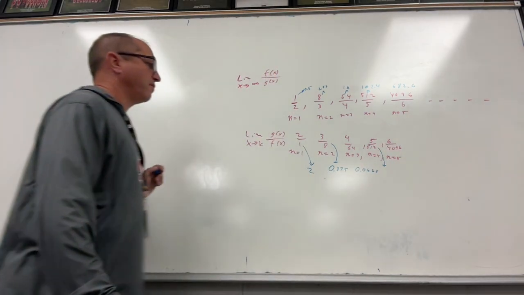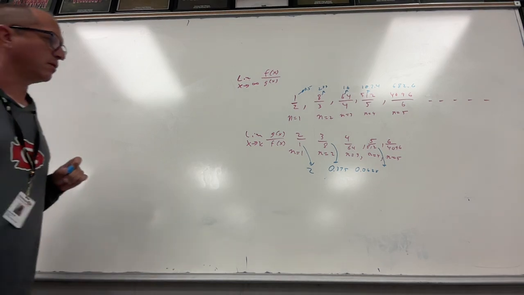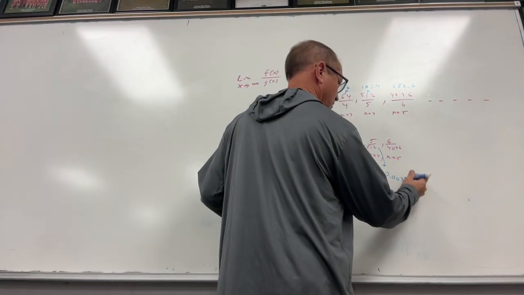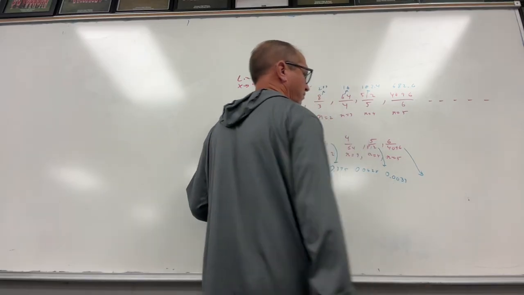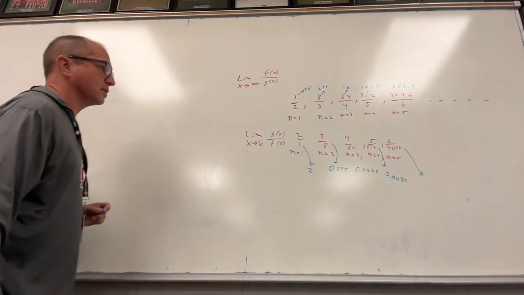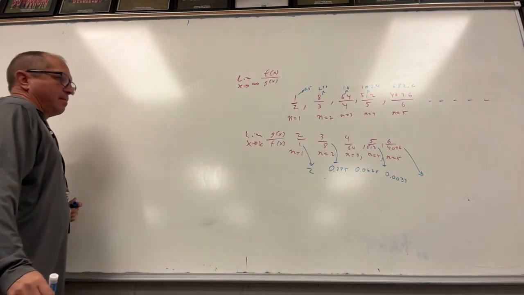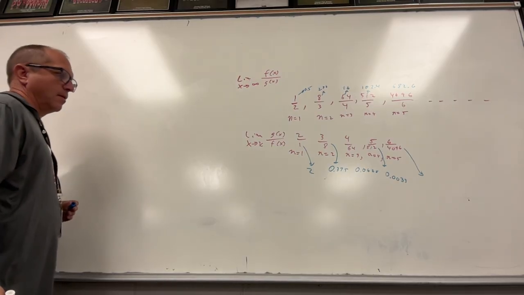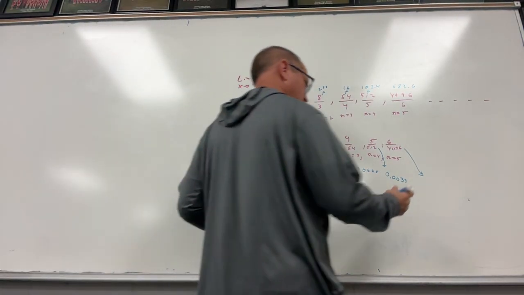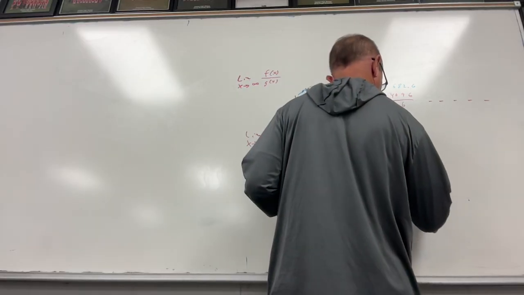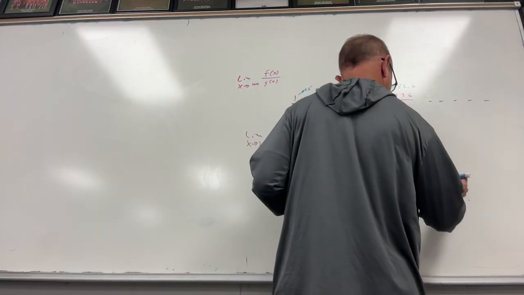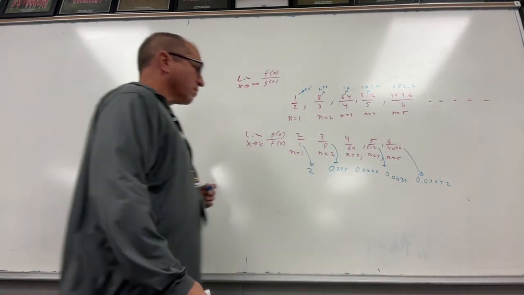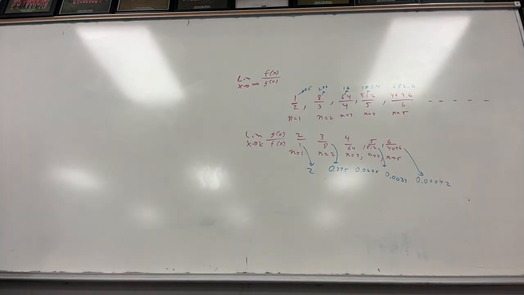And then your 5 over 512, about 0.00977. And lastly, 4 over 4096, which is about 4.256 times 10 to the negative 4. We'll stop.